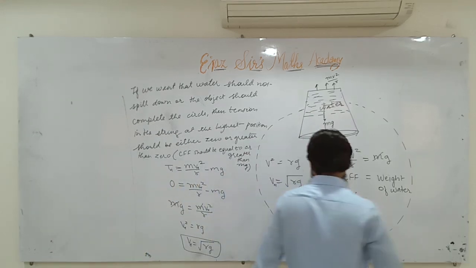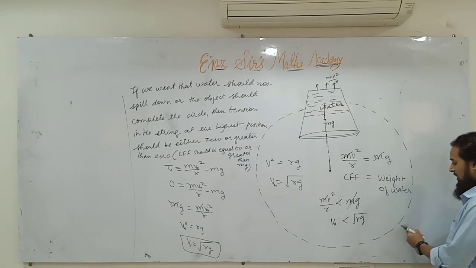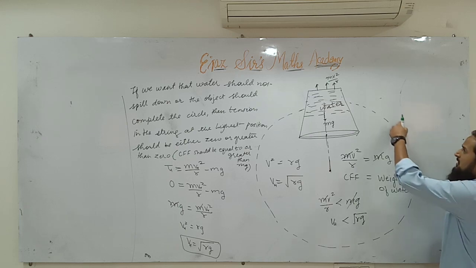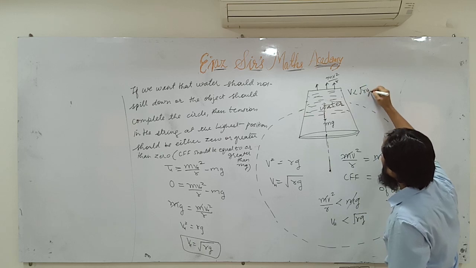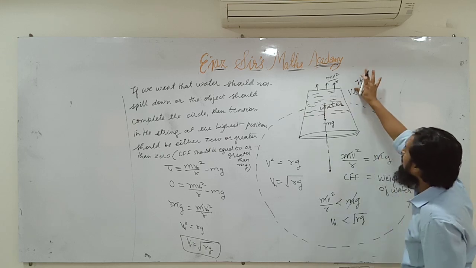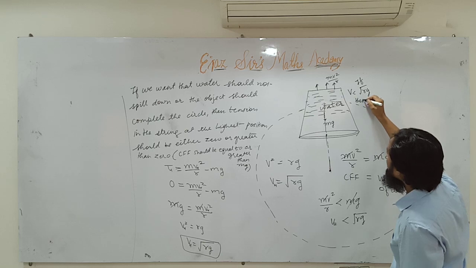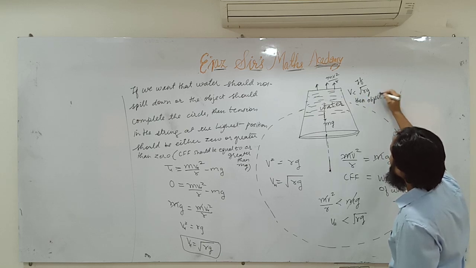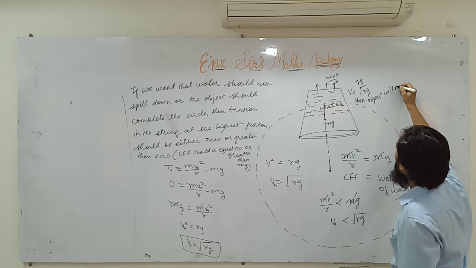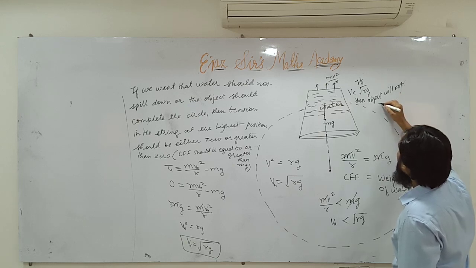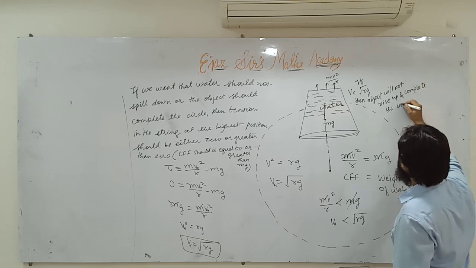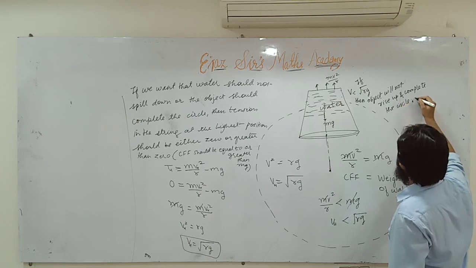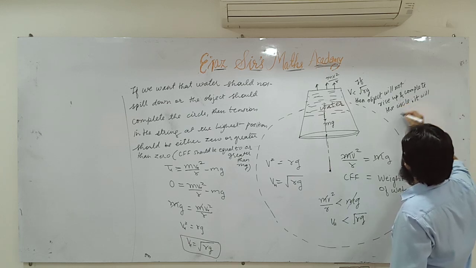What does this mean? If I am revolving the stone, if I am taking it upwards, it's going up, and if the velocity is less than root RG, then the object will not be able to rise up and complete the circle. It will fall back.